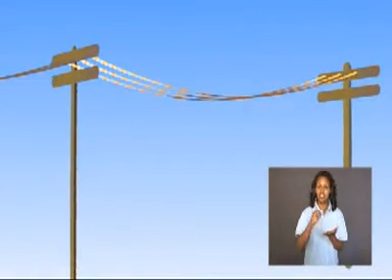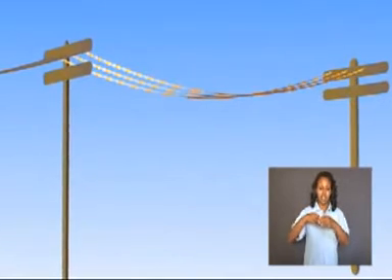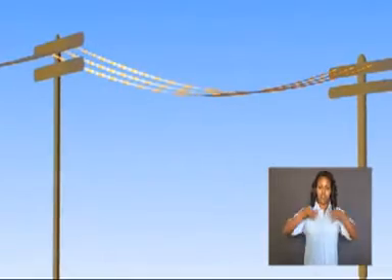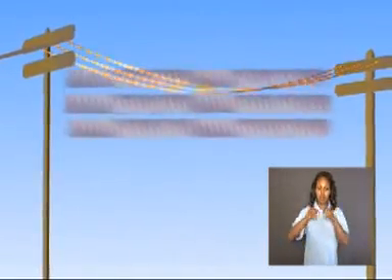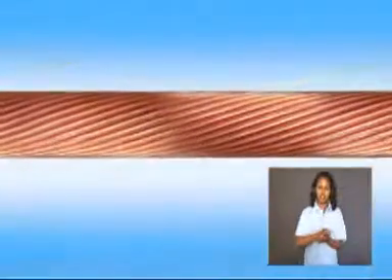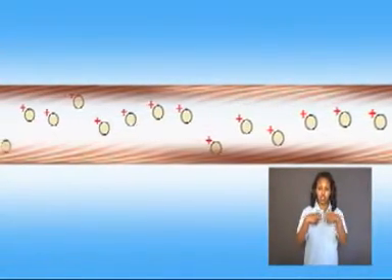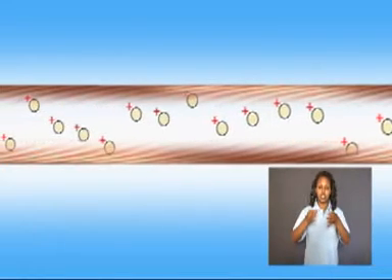This is because the electrons in the outermost shells of conductors' atoms are free to move around. We say these electrons are in the conduction band.